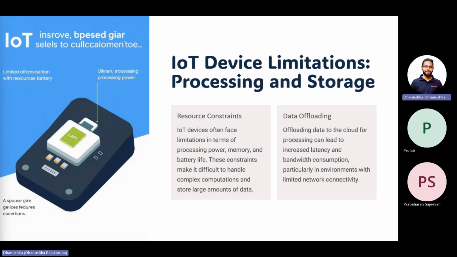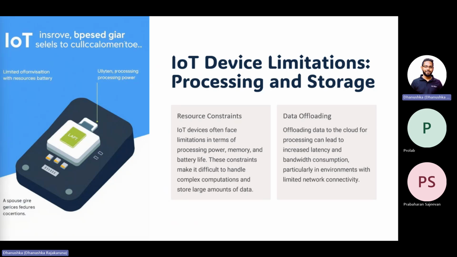Then the other key limitation is energy constraint. Battery-powered IoT devices must conserve energy, restricting continuous processing or data transmission. Energy-intensive tasks like real-time analytics or frequent network communications are not sustainable.